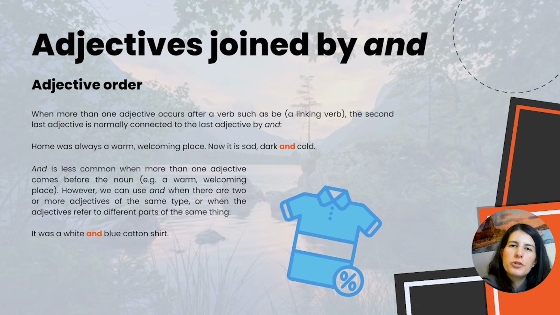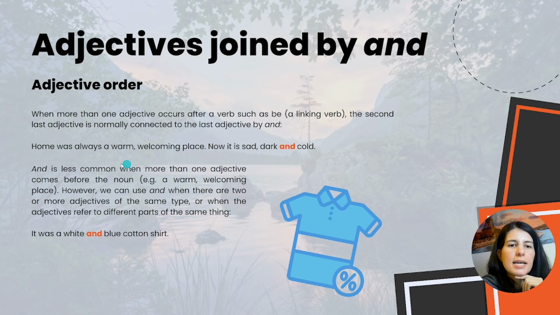Remember, in our first class, we talked about adjective placement, right? So if your adjective comes before the thing that it is describing, we do not need and as a conjunction. However, if you create a sentence where the thing, place, or person comes first, and you have the verb to be, and then you have your adjectives, then you can connect the last two adjectives with and, right?